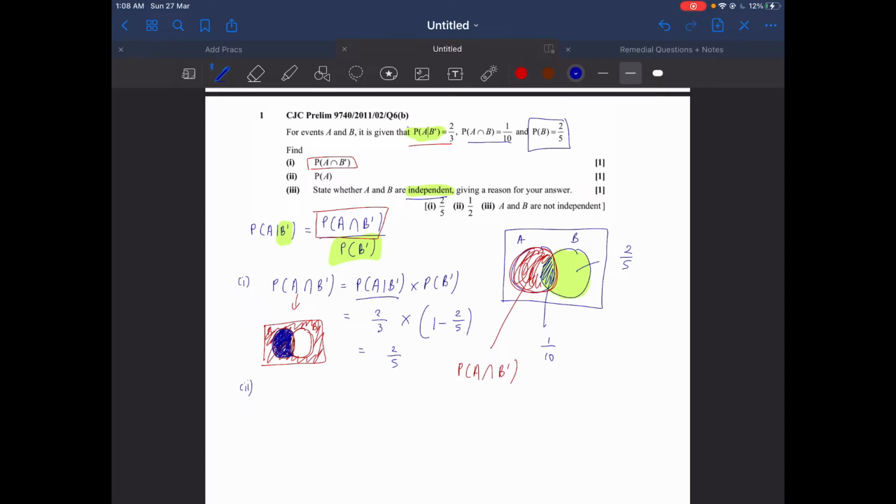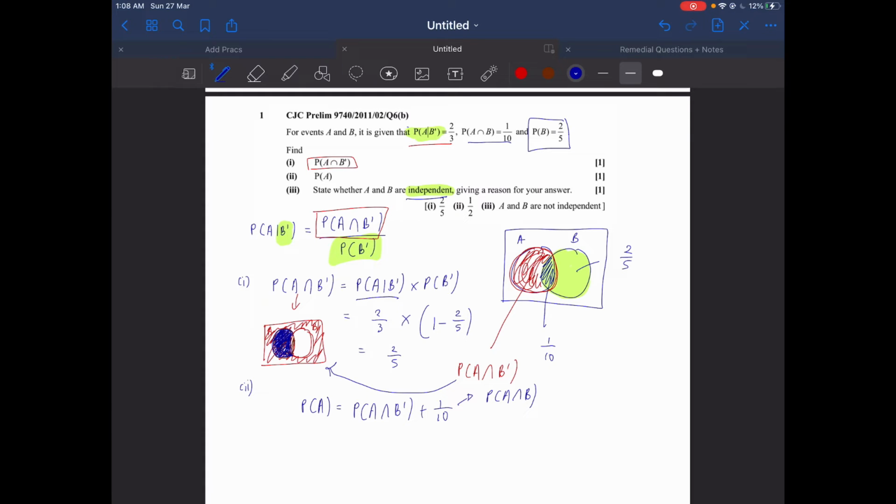So this is how you know that this is equivalent to this. So in order to find the probability of A, we need to have this plus the part where they are intersecting, which is also A intersect B.